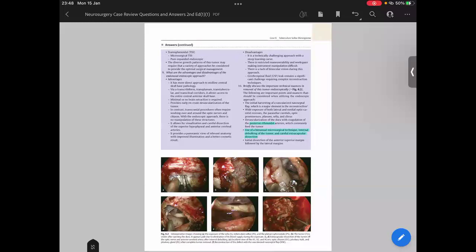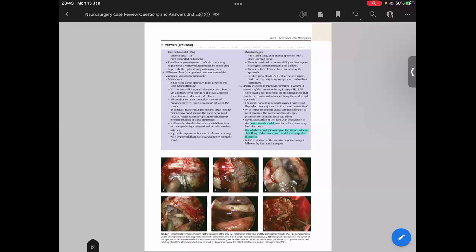They've started from the superior roof of the sphenoid. So we have already done the nose work. Now we are at the roof of the sphenoid air sinus, which is the base of the sella.